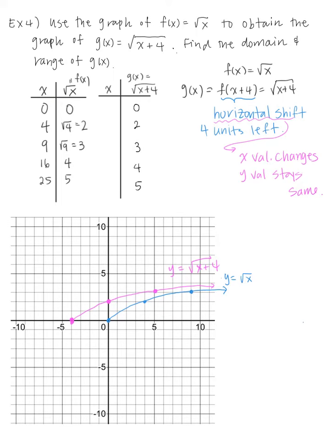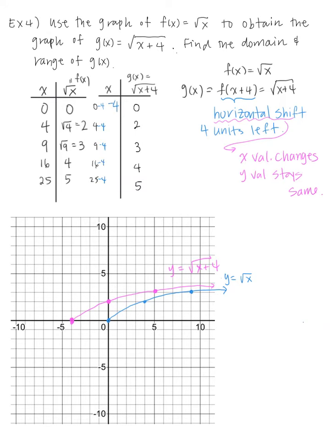All right, and then we're going to subtract 4. So let me just write down the values for the mother graph. We had 0, 4, 9, 16, and 25. And then we're going to minus 4, minus 4. Can you see this?